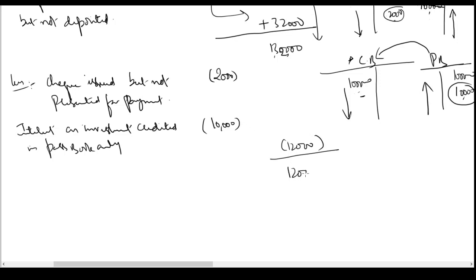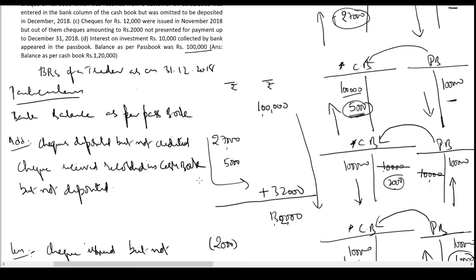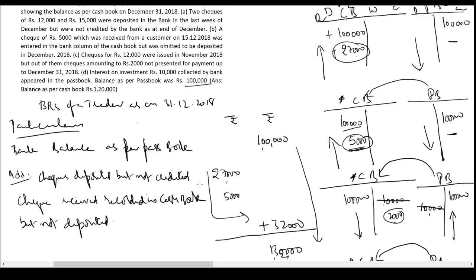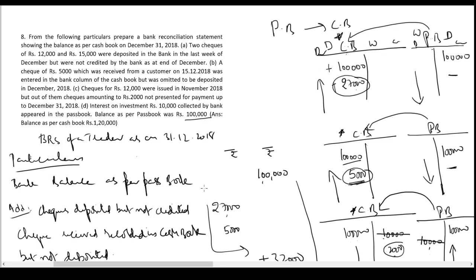Now the balance is 1,20,000, which is nothing but bank balance as per cash book. If you see the problem, the solution is also 1,20,000 rupees. So this is how we solve a problem on bank reconciliation statement when we start with the passbook balance as the starting point. Thank you.